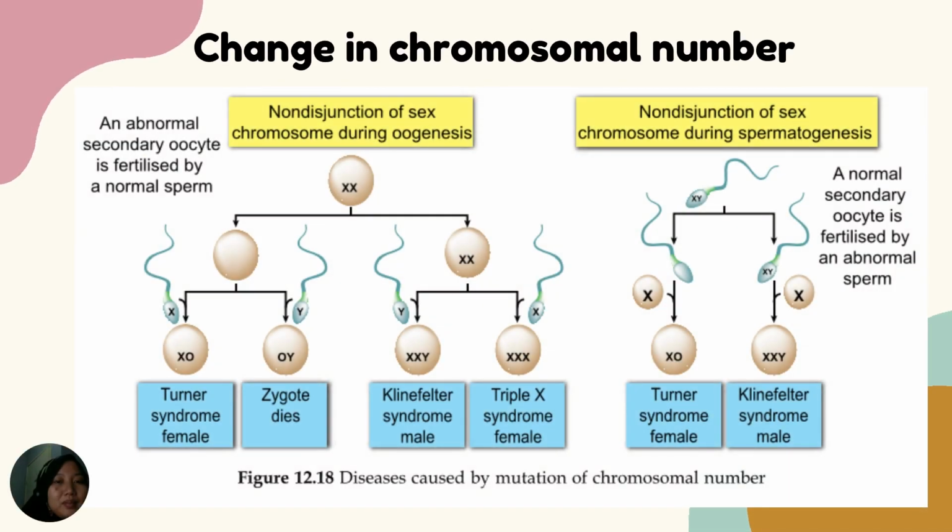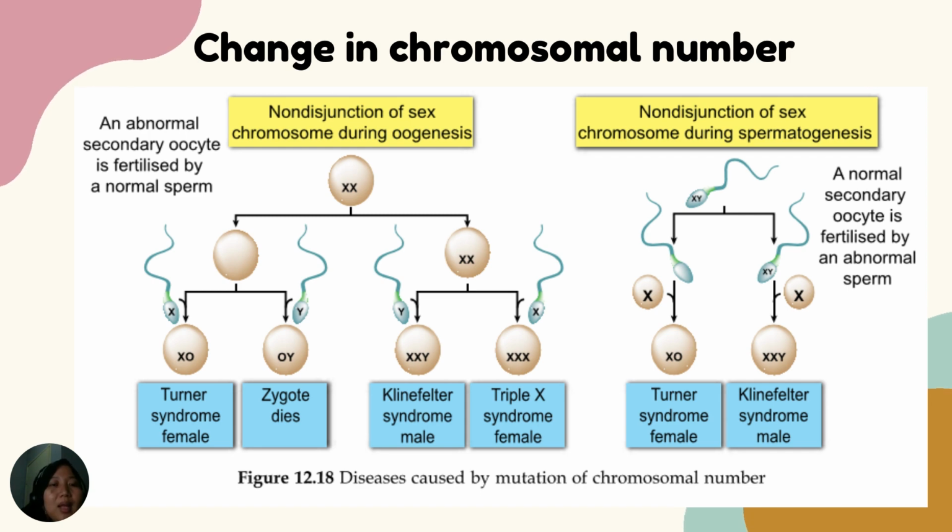All right, when the chromosomal number change involves the sex chromosome, you can see here the non-disjunction of sex chromosomes. This is an ovum with a sex chromosome. This is a female because it has double X chromosome.